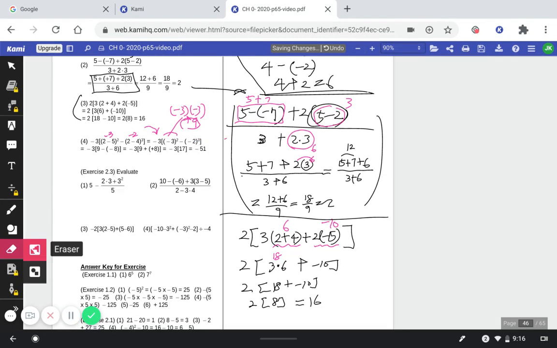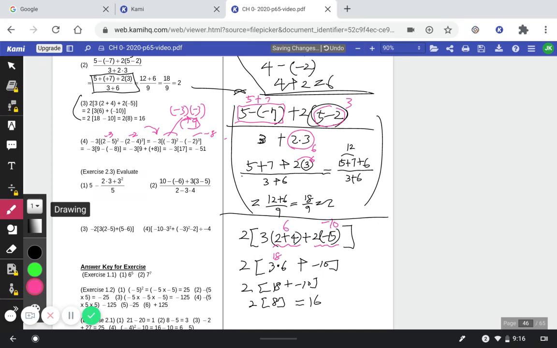Okay, so you rewrite that as negative 8. Then inside becomes positive 9 minus negative 8. So if you do keep change, inside becomes 9 plus positive 8, which is 17. So you end up with negative 3 times 17, which is negative 51.